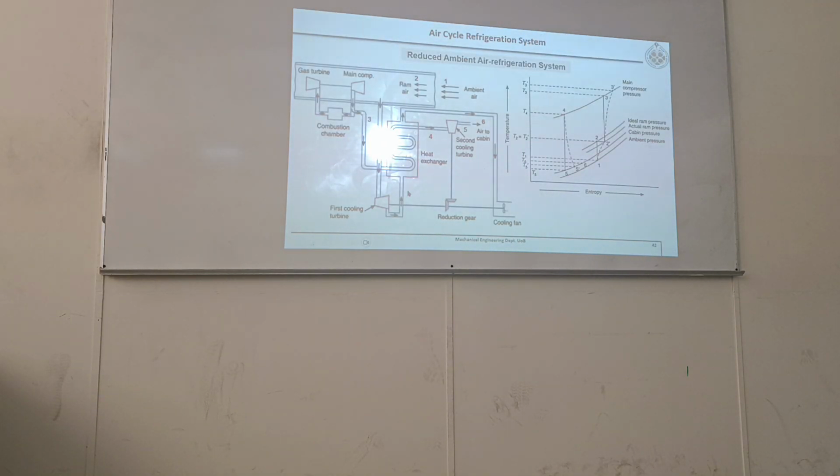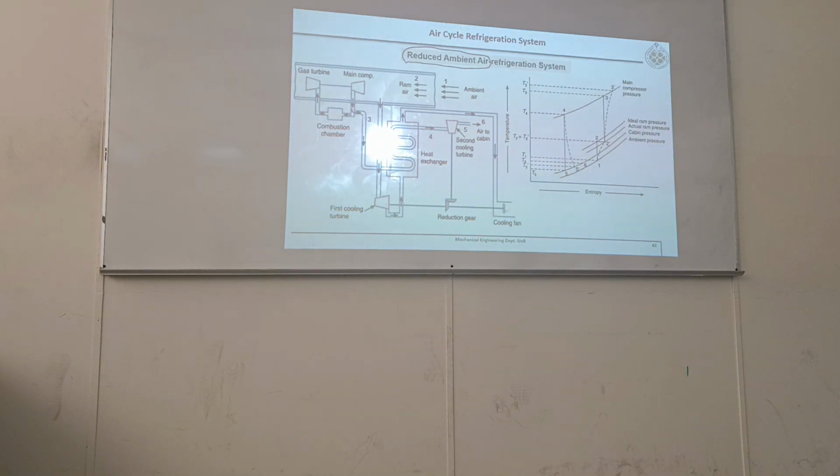Now next, the last configuration, which we will just go through quickly, that is the reduced ambient air refrigeration system. Another configuration of the air cycle refrigeration system. What is the different thing you notice here in this diagram?